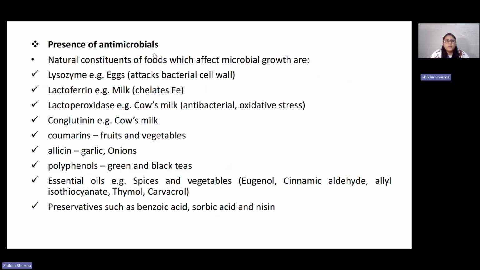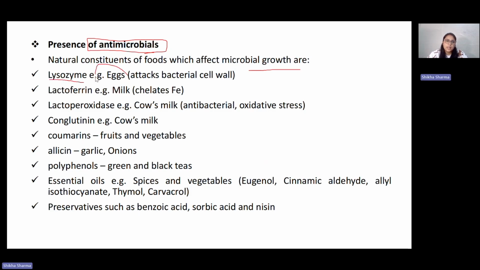Then in some food products, antimicrobial agents are also present. Based on that, if different antimicrobial agents are there, certain kinds of microorganisms can die. The natural constituents of food which affect microbial growth are, for example, lysozyme.